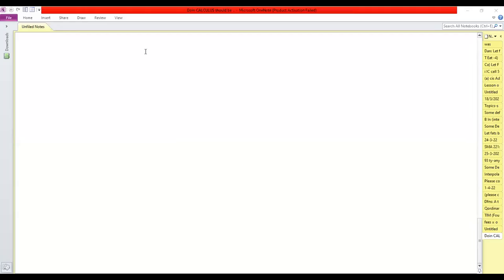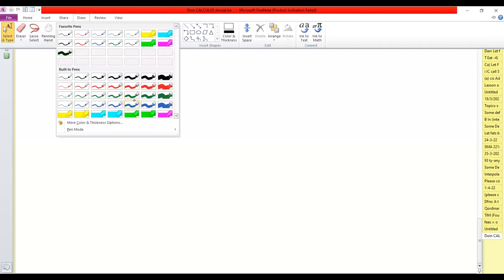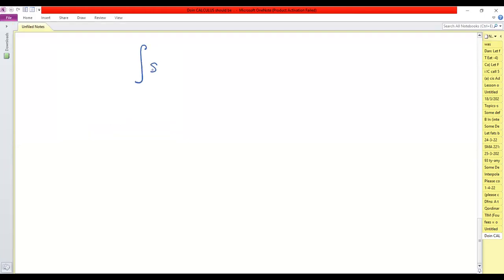So the question is to evaluate the integral of sine cubed x cosine cubed x dx.